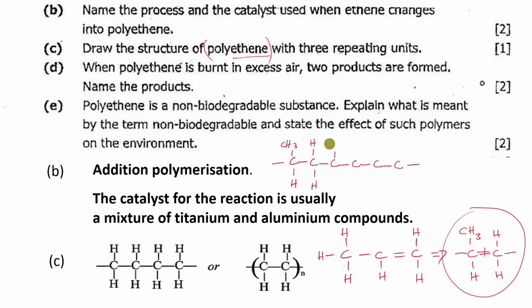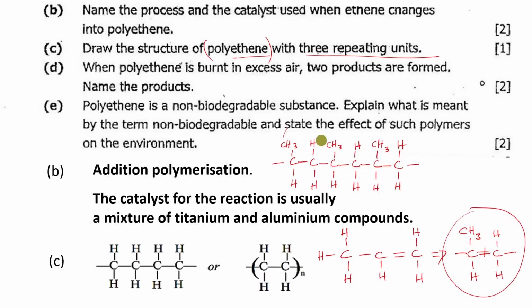Here again you put CH3, hydrogen 1. Then here hydrogen, here hydrogen. Then you shift again: CH3, hydrogen 1, then hydrogen 1, like that. So this is the answer, just like this. So we have made 3 repeating units.